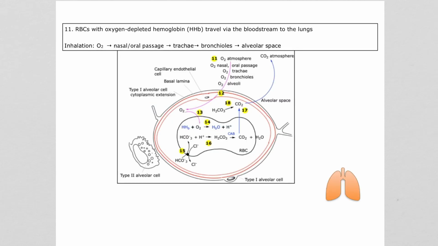So during inhalation, we take in oxygen, and that oxygen will enter the nasal oral passage, the trachea, the bronchioles, and eventually reach the alveoli in the lungs.